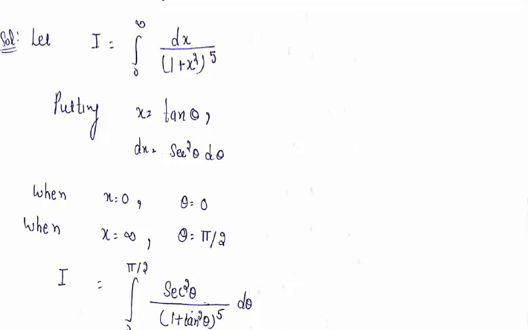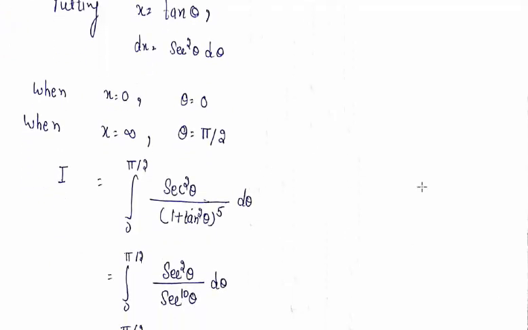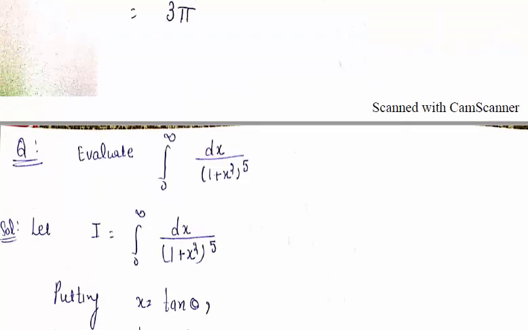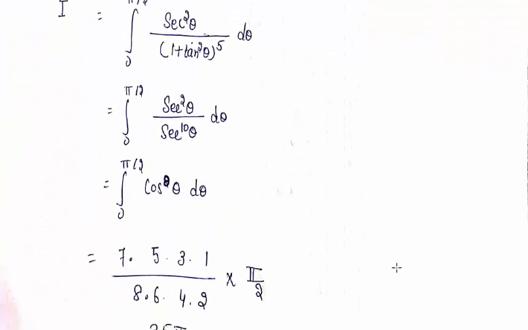So our integration is 0 to pi by 2. We substitute the value of dx as secant square theta d theta over 1 plus tan square theta raised to power 5. And we know that 1 plus tan square theta equals secant square theta. So this value equals secant square theta raised to power 5. Then 2 into 5 is raised to power 10.